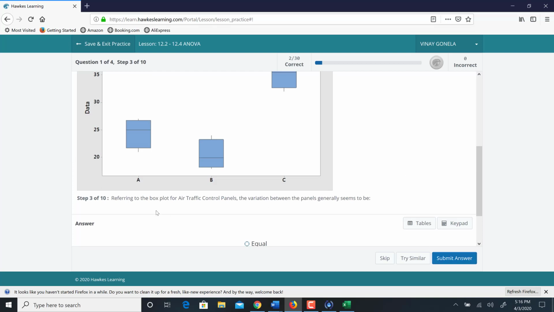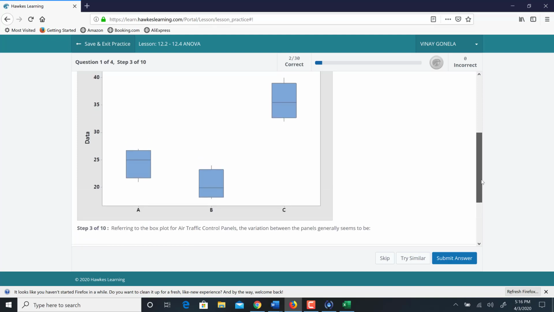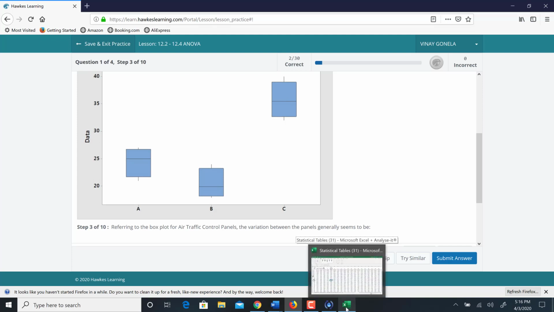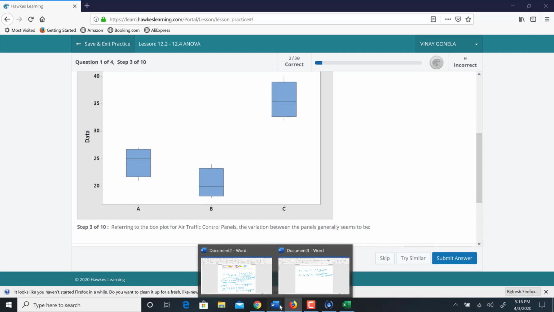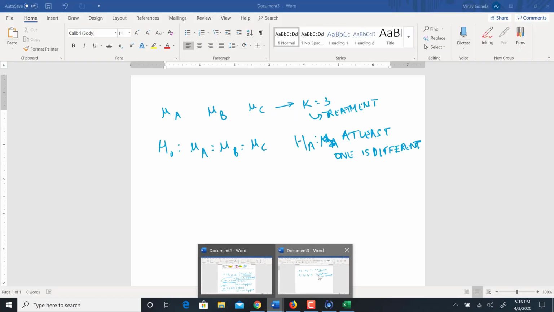Then, referring to the box plot for air controllers, the variation between panels generally seems to be... Even though you have variations, this one has a little bit more variation. The assumption which we made while doing these ANOVA problems is that the variations are equal.